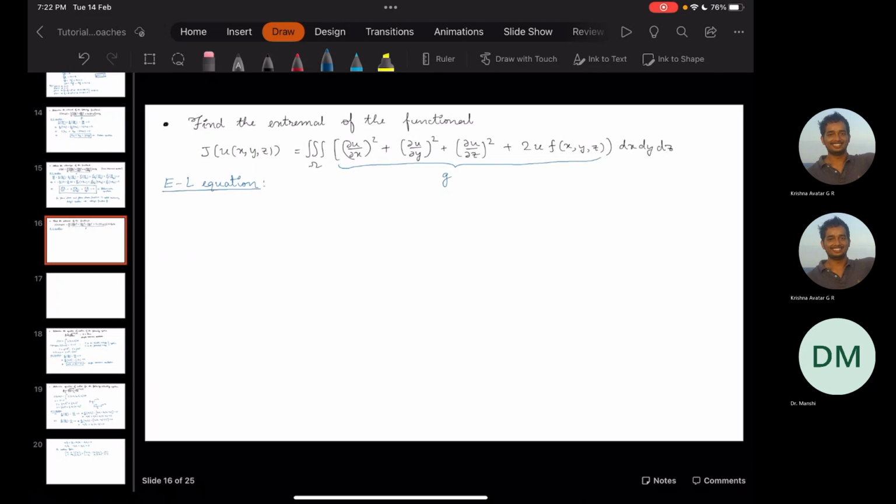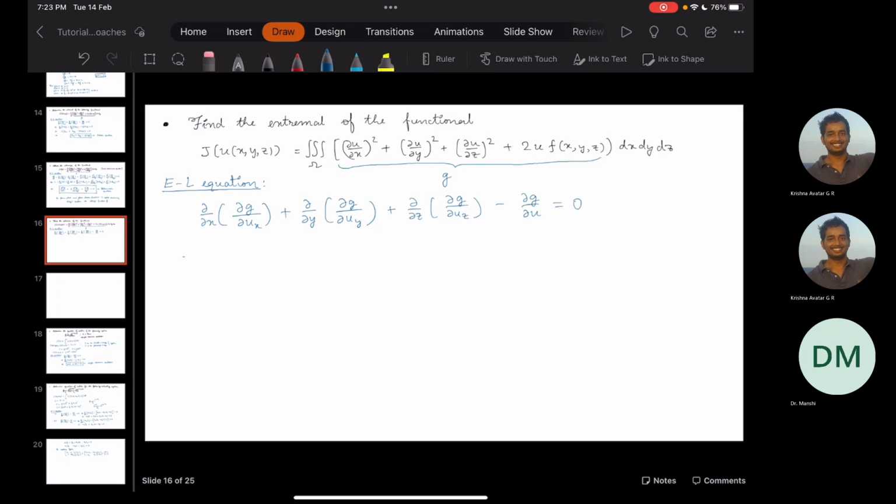The Euler-Lagrange equation will be of the form: del by del x of del g by del u_x plus del by del y of del g by del u_y plus del by del z of del g by del u_z minus del g by del u is equal to 0, isn't it?